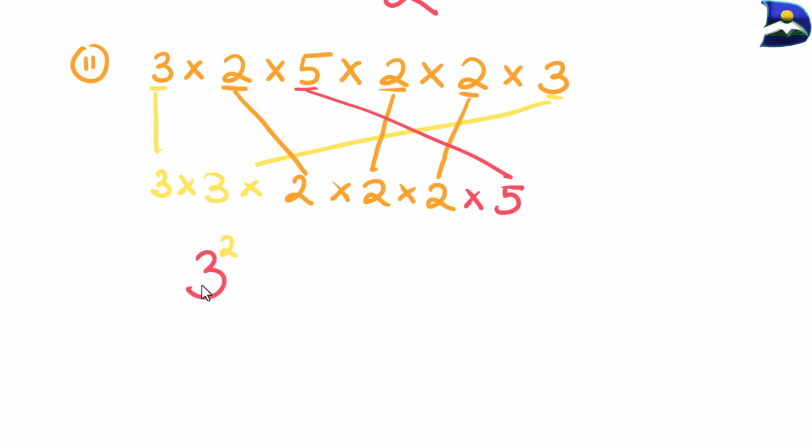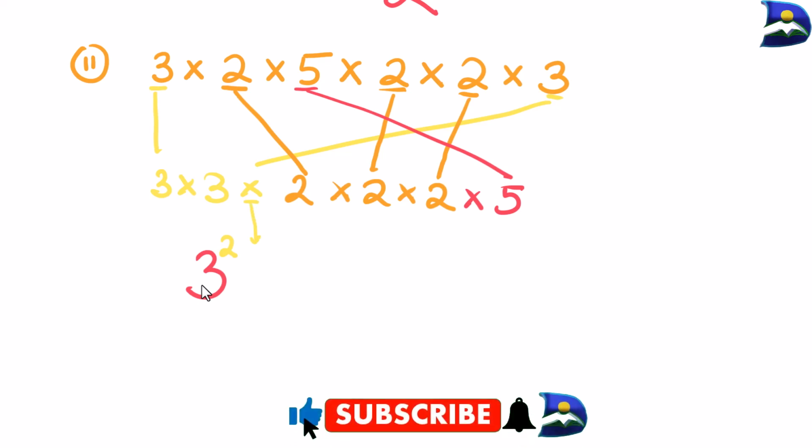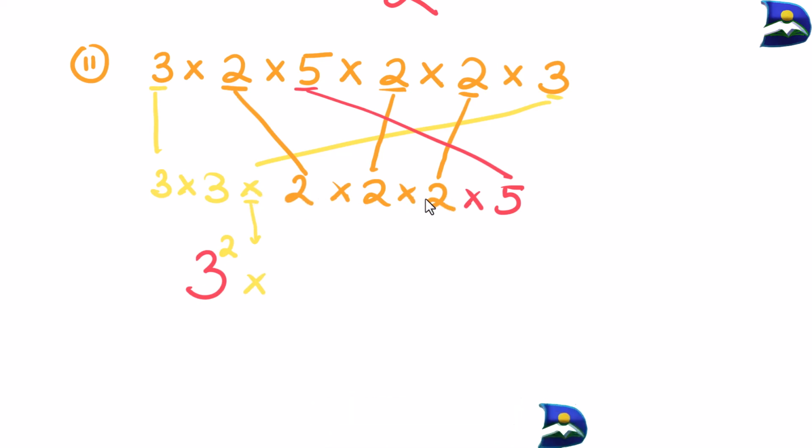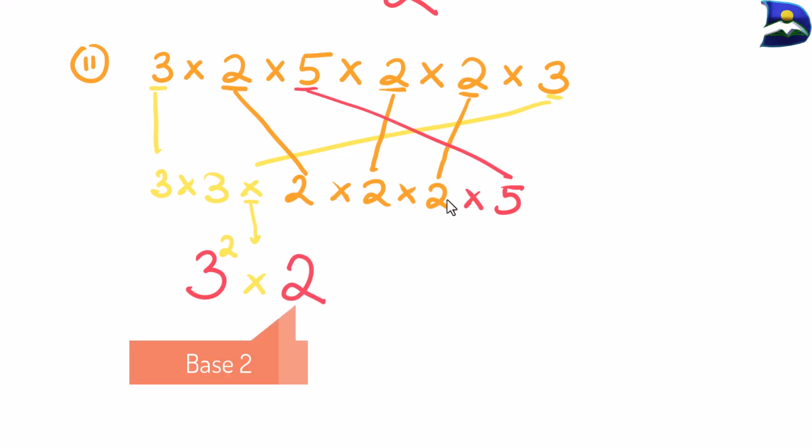Now the next one is, don't forget your multiplication. You're going to bring it here, and so times next is 2 times 2 times 2. The base tells me what is repeating in terms of multiplication, and in this case we have our 2, and our exponent is how many of these 2's I am multiplying repeatedly.